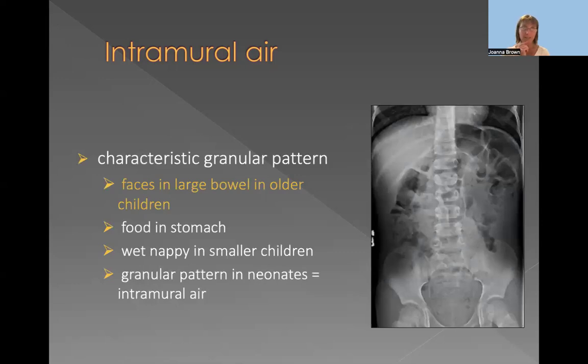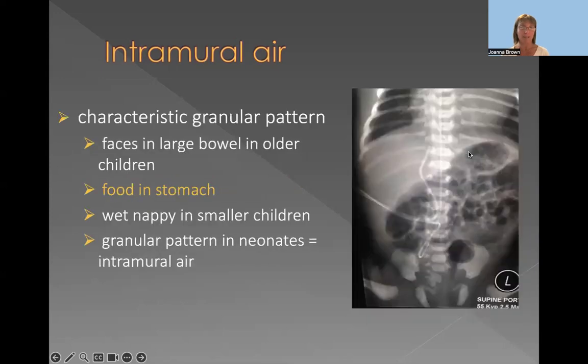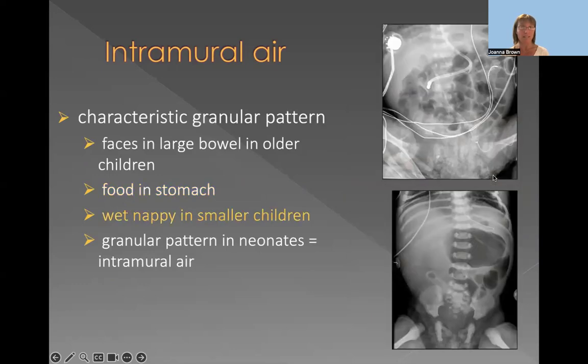But you need to be very careful, because feces in the large bowel in older children could have a very similar appearance. The food in the stomach that is partly digested could have a very similar appearance, or the wet nappy that we have in smaller children could have a similar appearance.